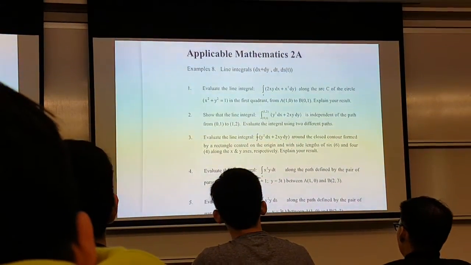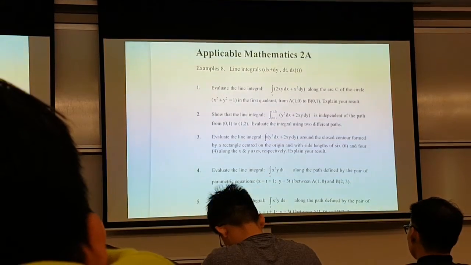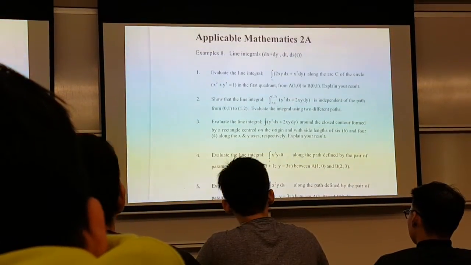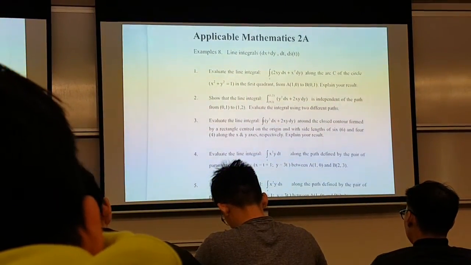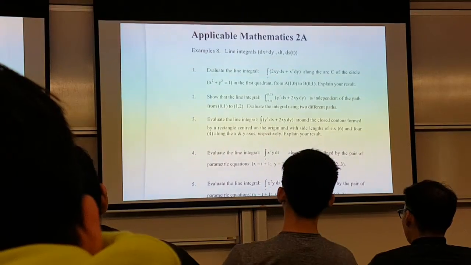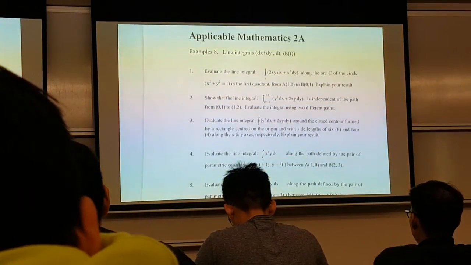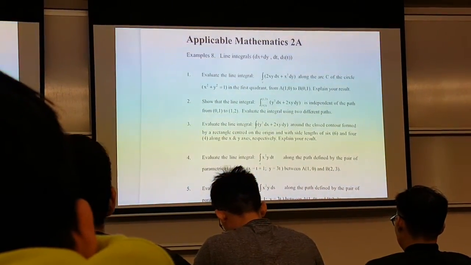Let's take a look at question number 1. Evaluate the line integral 2xy dx plus x squared dy along the arc C of the circle x squared plus y squared equals 1 in the first quadrant, from A equals (1, 0) to B equals (0, 1). So it is moving in a counterclockwise direction, and then explain your result.